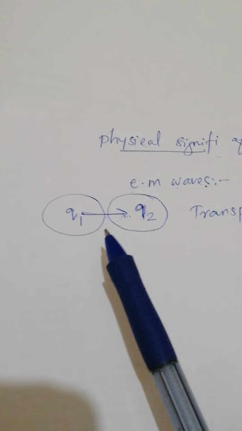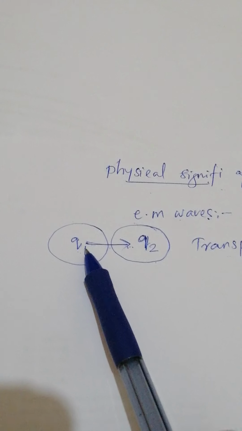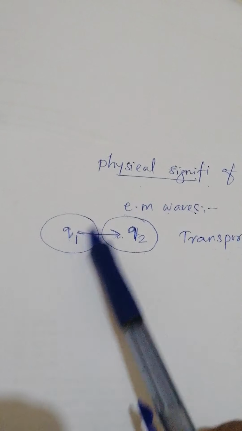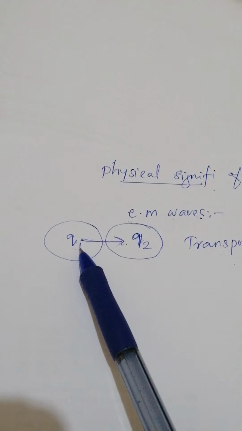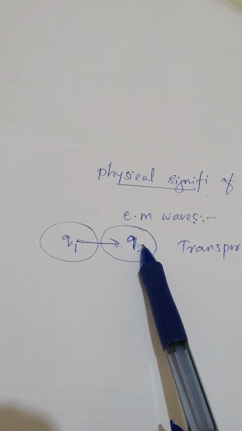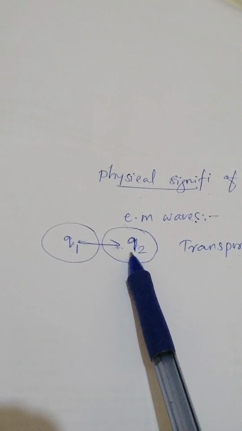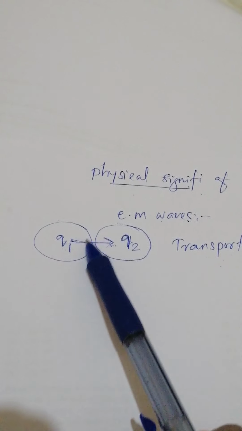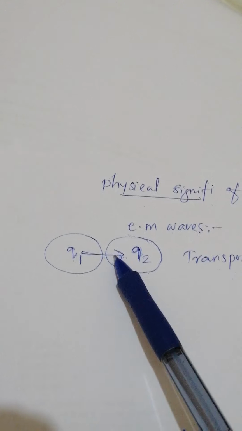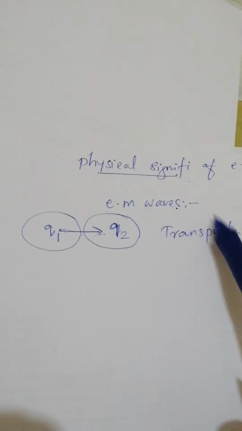Once again I will explain. A moving charge can produce an electromagnetic wave, and when it reaches another moving charge, this will cause a force on it, and again an electromagnetic wave it can produce, and the energy gets transferred.